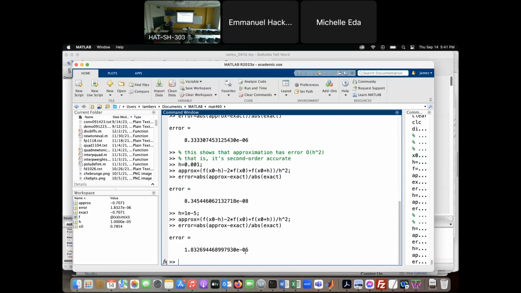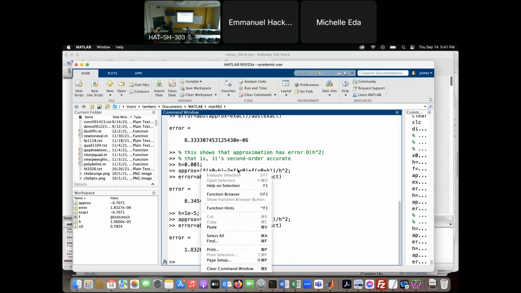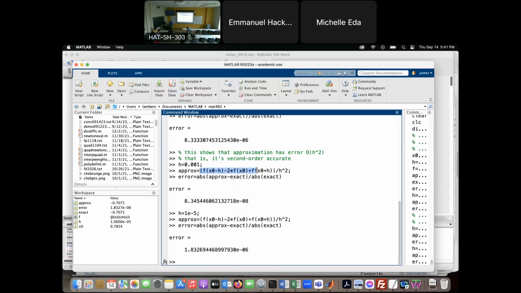But here's why it happened. The error in the computation is not just stemming from the error in this formula that approximates the second derivative. Computations in general have errors coming from multiple sources.